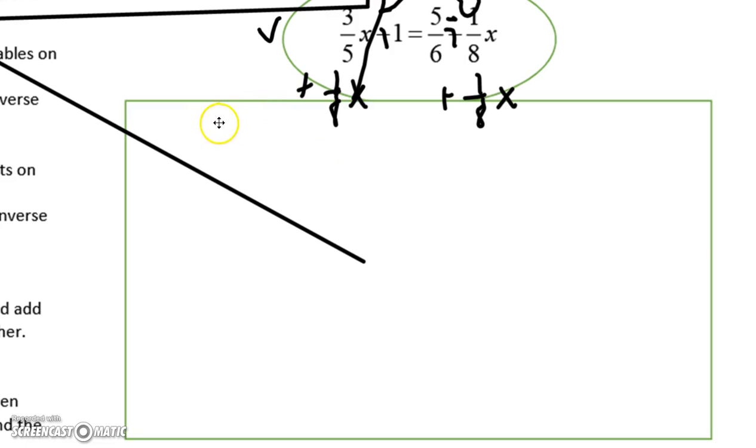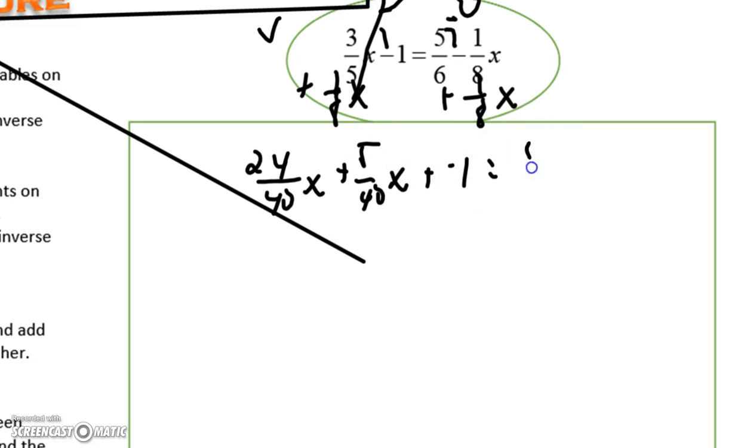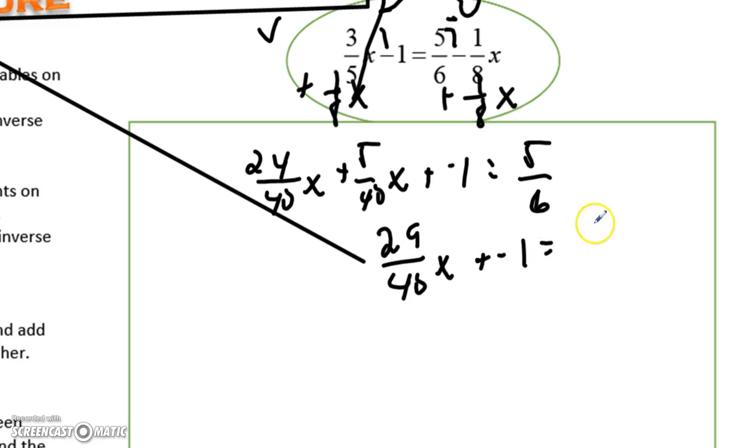And so I'm going to have 3/5 times 8 over 8, so that would be 24 over 40x plus 5 over 40x plus a negative 1 is equal to 5/6. 24 and 5 would be 29 over 40x plus a negative 1 equals 5/6.